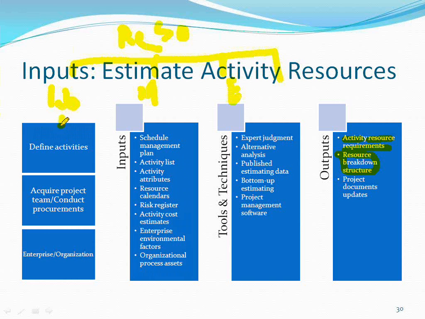Now after doing your estimate activity resources, whatever resources you have listed, you will put them under these categories. Under labor, I need a team lead. I need 2 .NET developers. I need 6 testers.